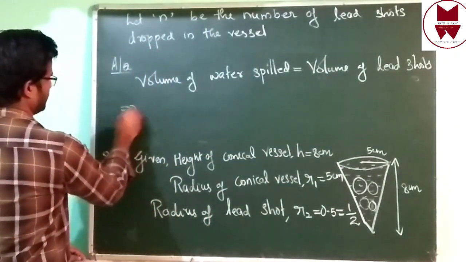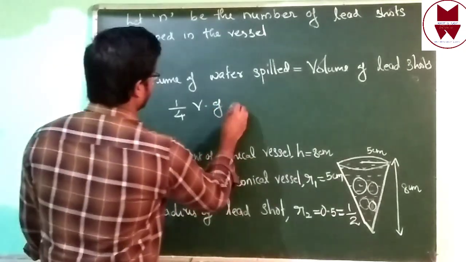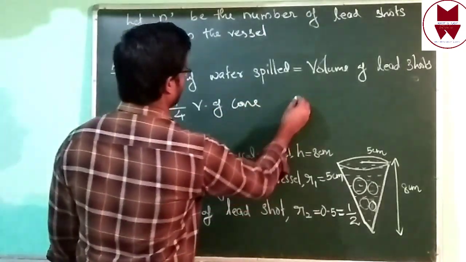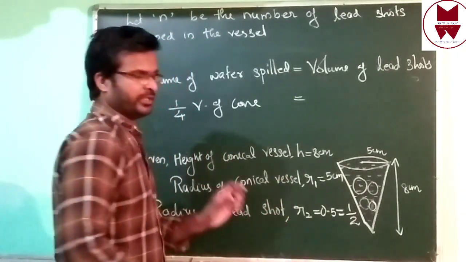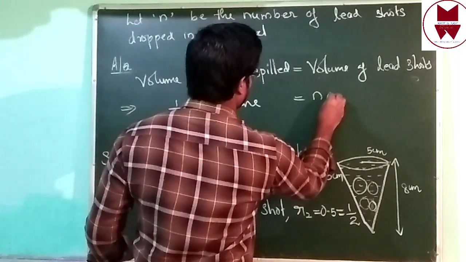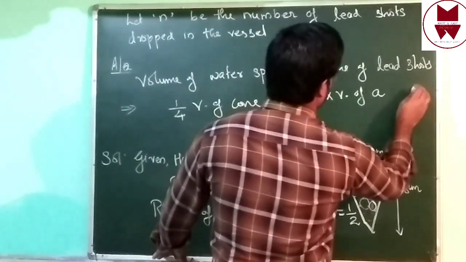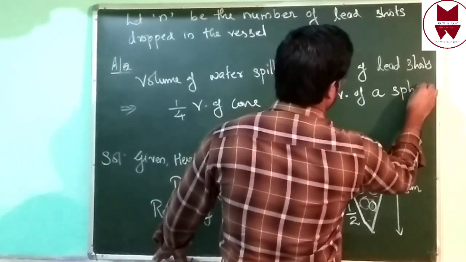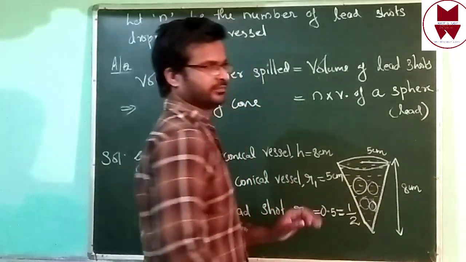How much water goes out is 1/4 of the volume of the conical vessel. So 1/4 into volume of cone. Then how many lead shots are we going to put? n, isn't it? n into volume of a sphere, here the lead shot.